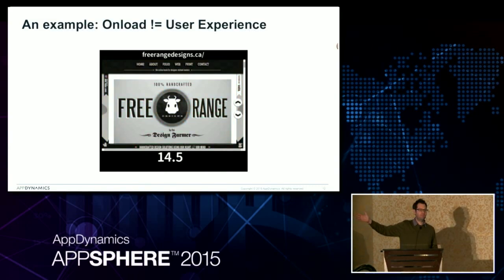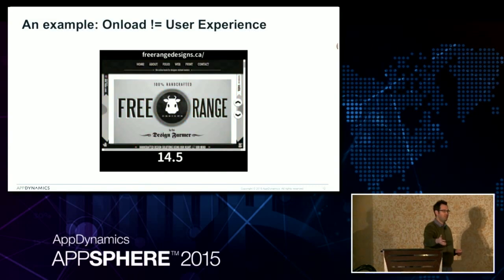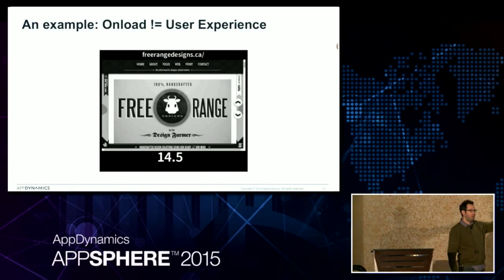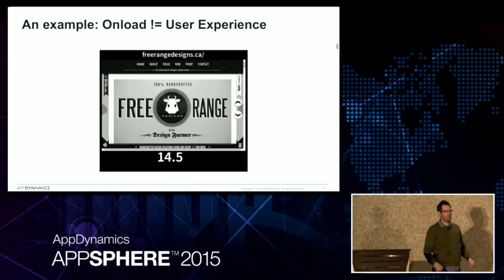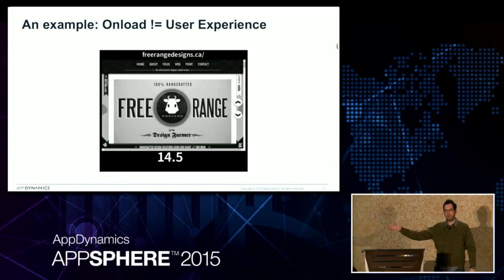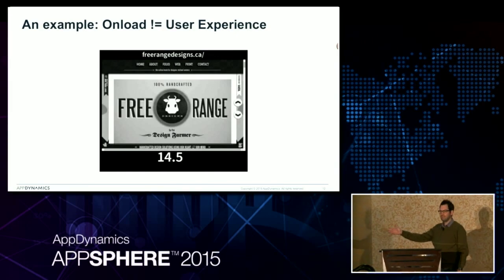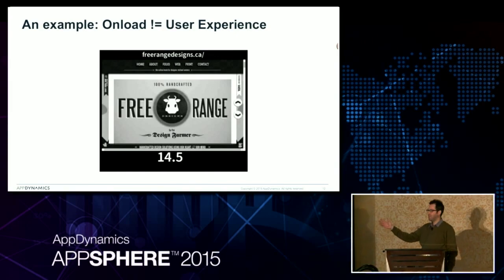So with a traditional on-load-based synthetic product, this page is slow. 14 seconds. That's pretty bad. However, if you look at it from the user perspective, this is a good website. It loads in a couple seconds. So this is why we think that visual-based timings are a better way to understand and benchmark your user experience.